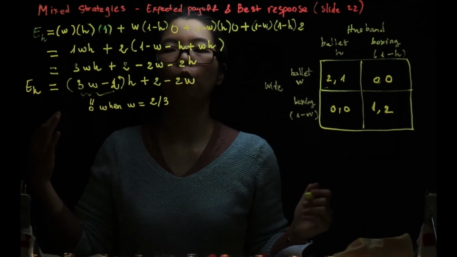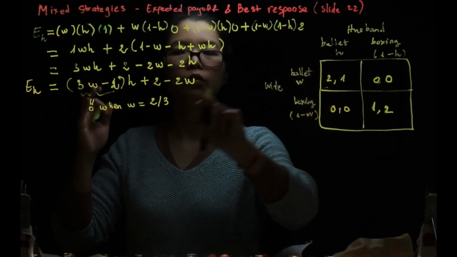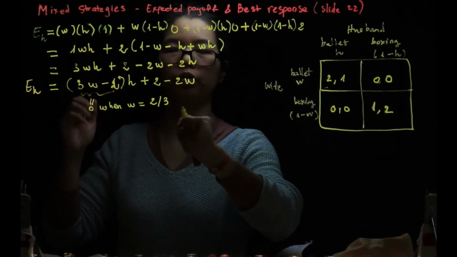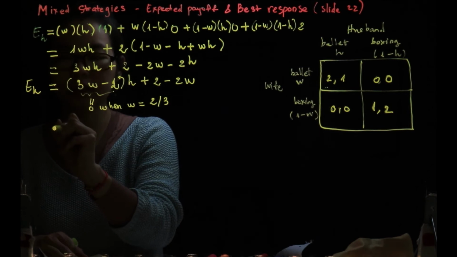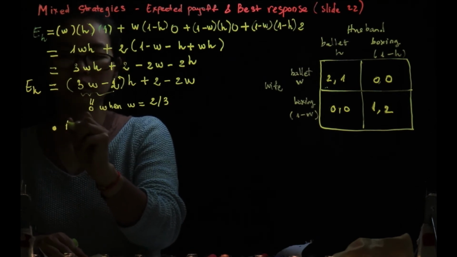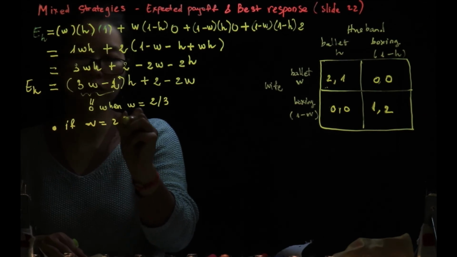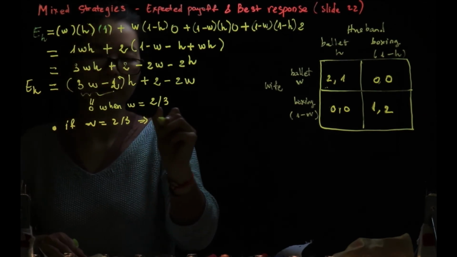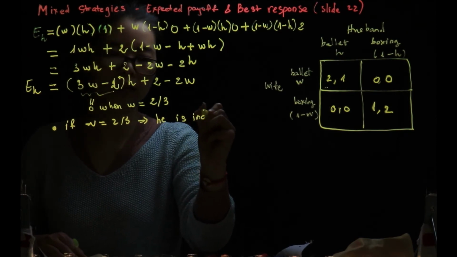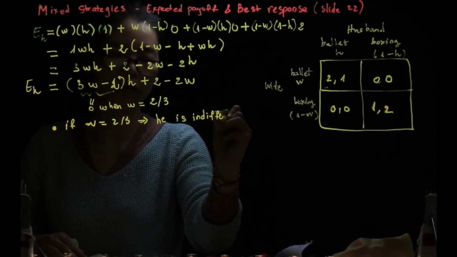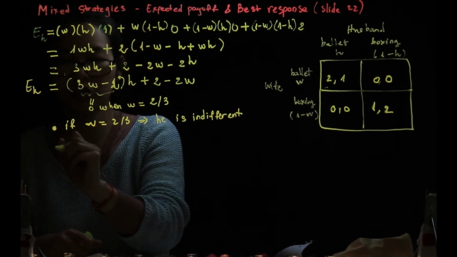So it means when the wife plays ballet with the probability 2/3. And applying the same reasoning as before, we know that if W equals 2/3, then he is indifferent. So he could play either strategy.